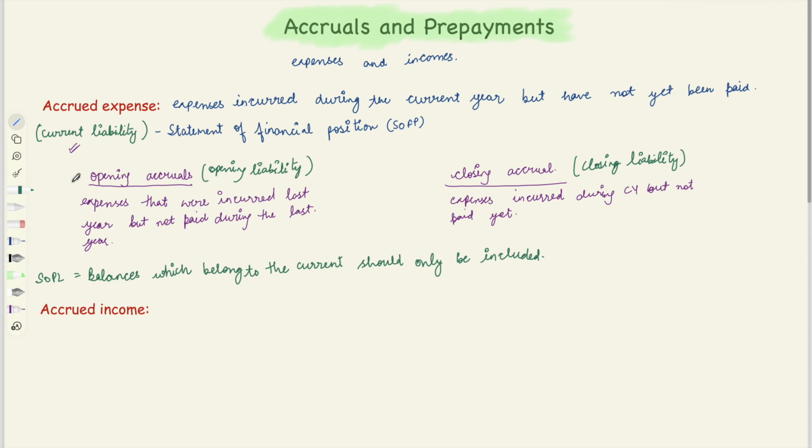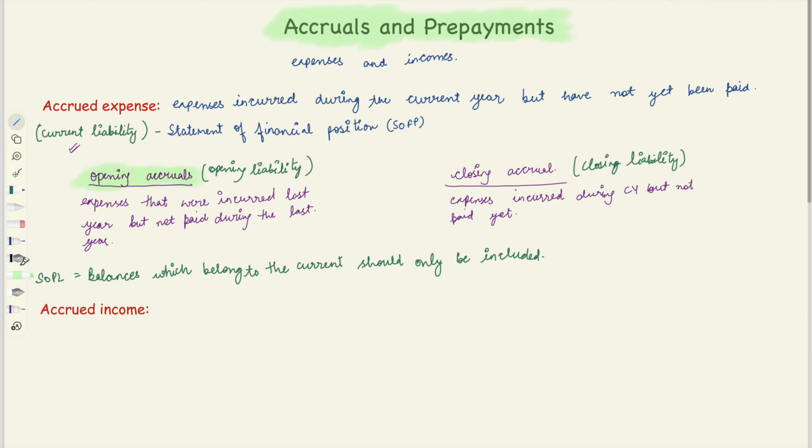So the opening accruals are not part of it. Closing accruals are, yes, part of it. So when I make the payment, obviously I will first make it for the opening balance. So I will subtract it from my payments and I will add the closing balance because I have not yet made the payment for it, but it is a part of my expense.